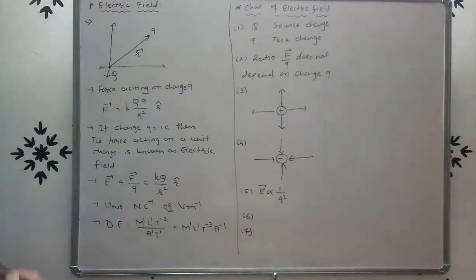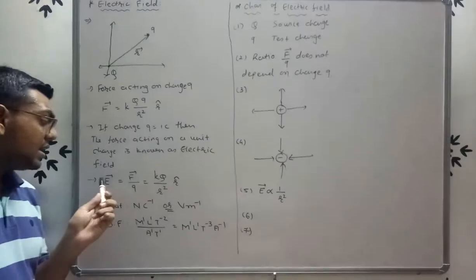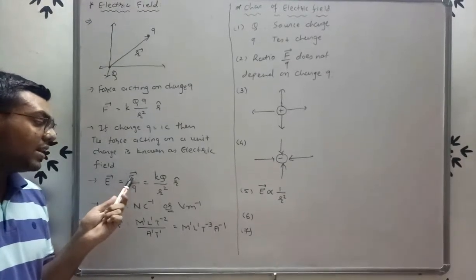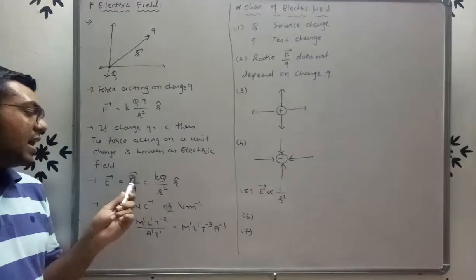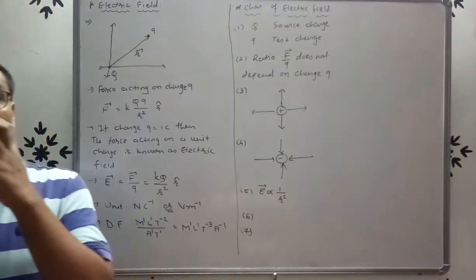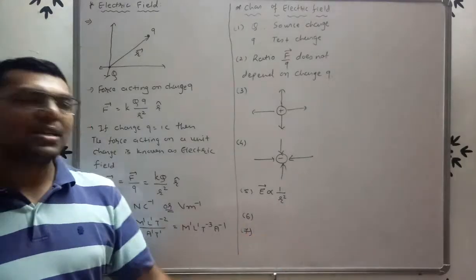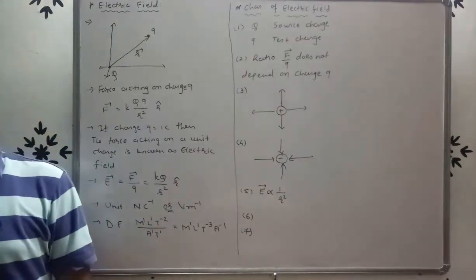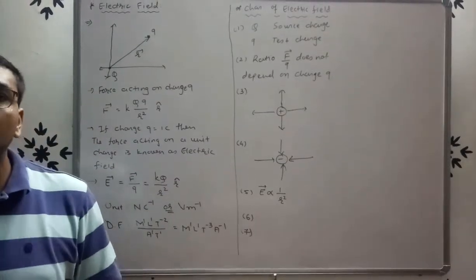Then number 6, see here, E equals vector F by q. So here we know that electric field and the force are vector quantities. So the direction of electric field is the same as the direction of force.